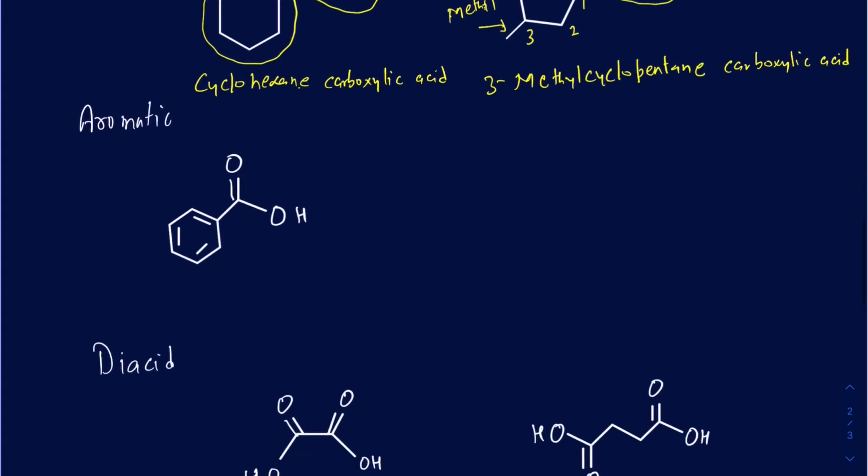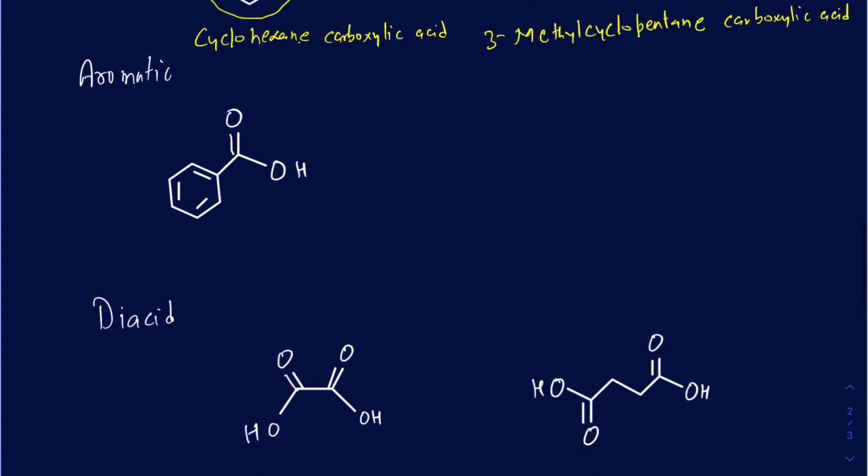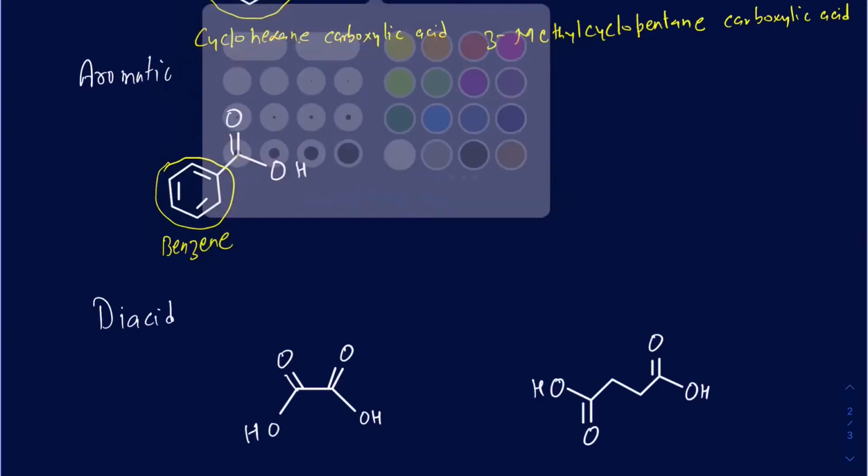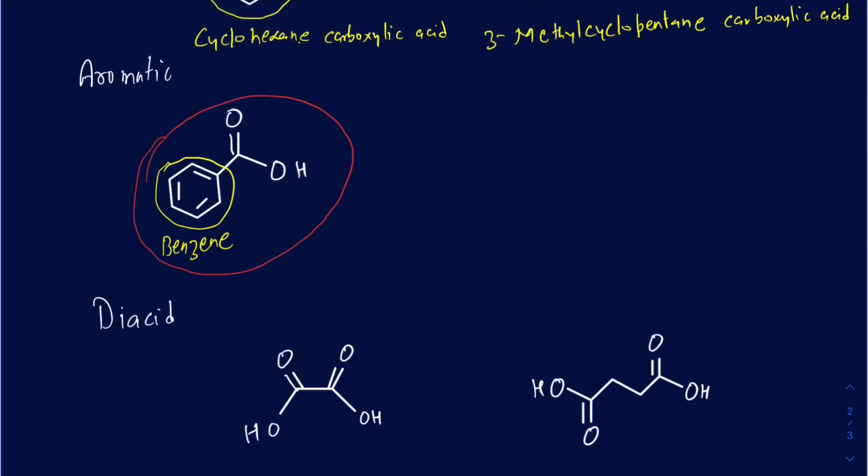You may see some of the aromatic acids. Like this particular one, you got the benzene. So this one is benzene, but then since you got the carboxylic acid group on the outside of the benzene, this whole compound together would be called a benzoic acid.